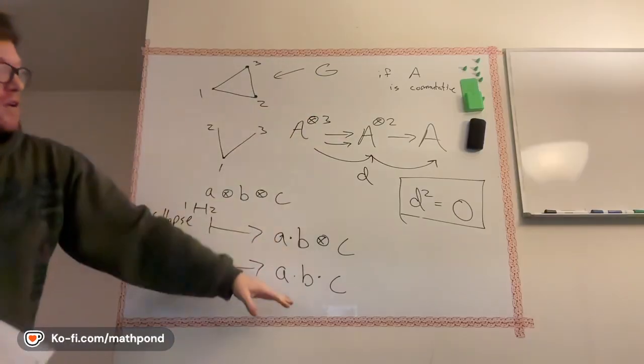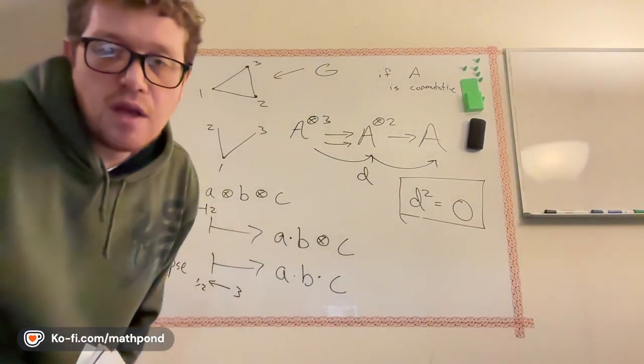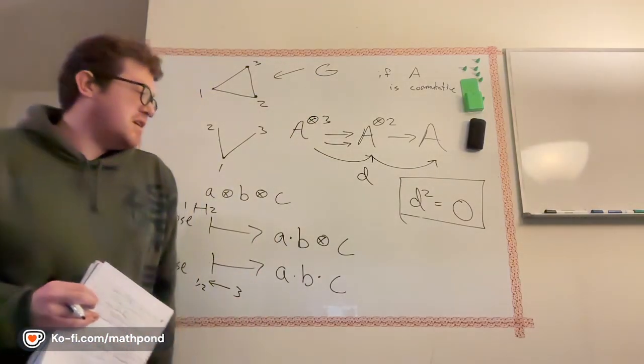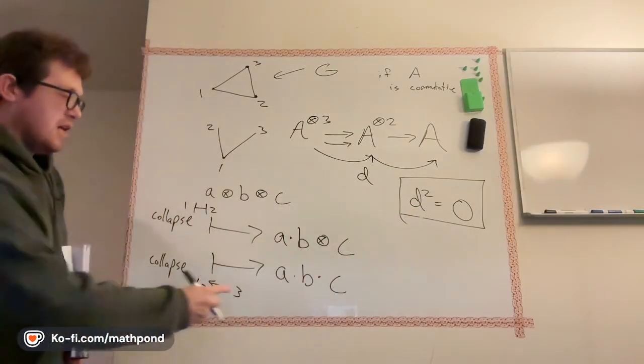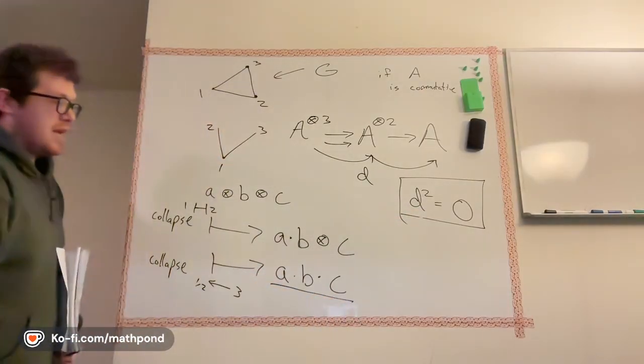But if it's not commutative, we don't get the same thing. Associativity here is not enough, because if I do the collapse in one order, I get ABC.